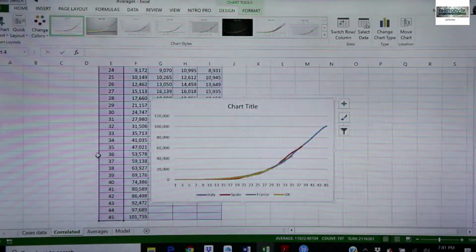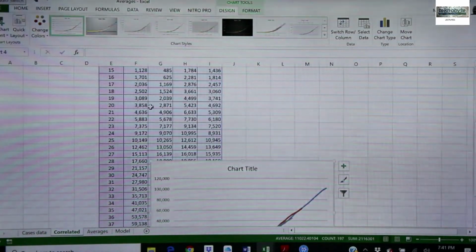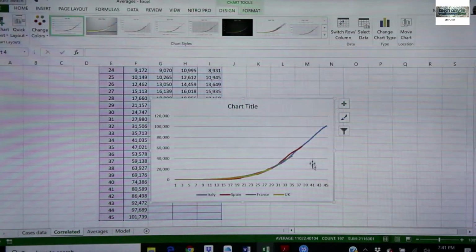So you can see clearly that the trend is actually the same for all the countries. In fact, what it means is that the epidemic began at different times in all the countries, or started taking root at different times in the 4 countries. The reason why this trend is the same up to this point is because these countries were not taking any measures.